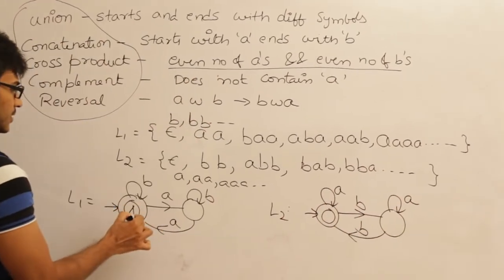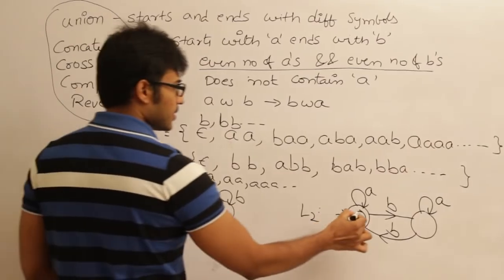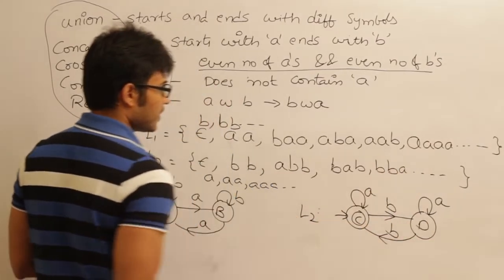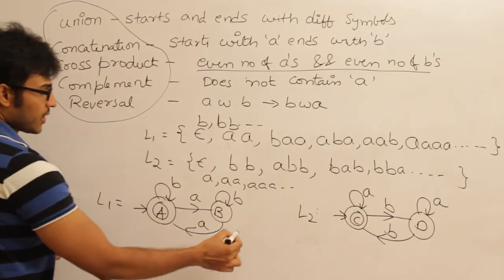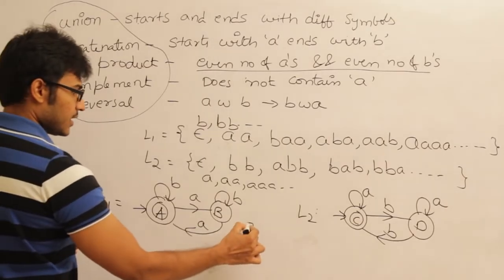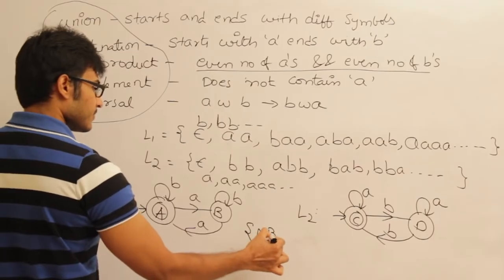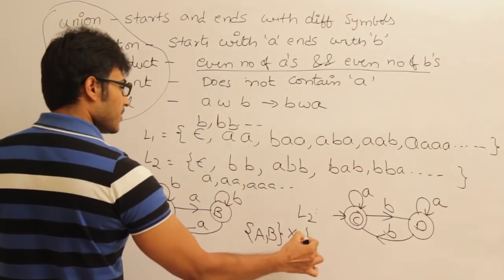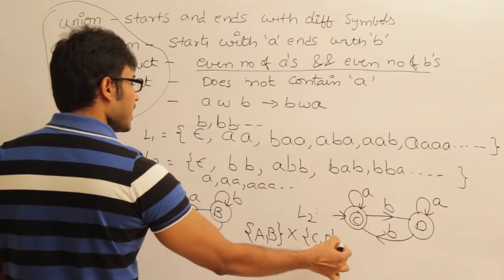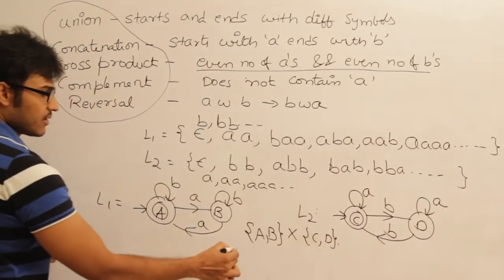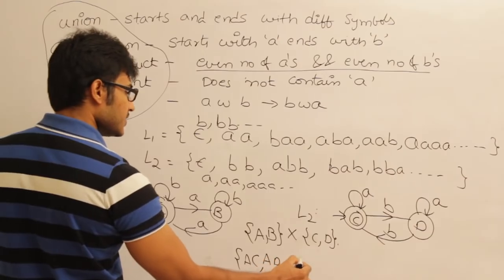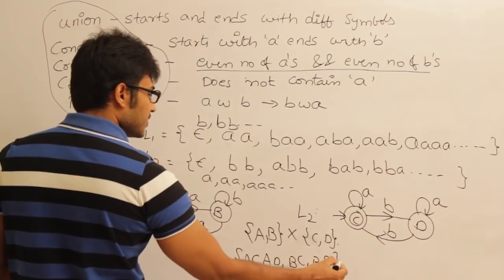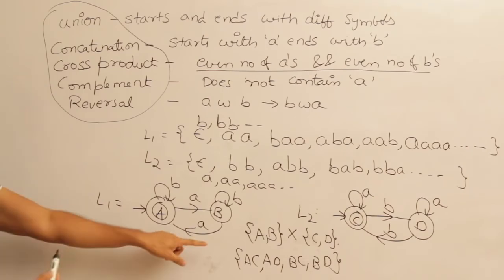Let us say the states are A, B, C, D. Then we have seen how to combine them, right? We have applied a method called cross product, in which we take the A, B states and apply cross product with C, D, and then we got a final answer with AC, AD, BC, BD. You can refer to that example in which I have solved this question.